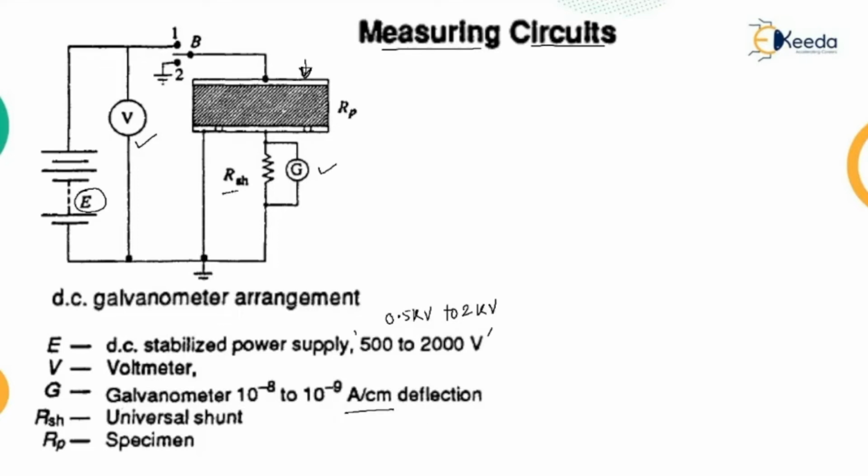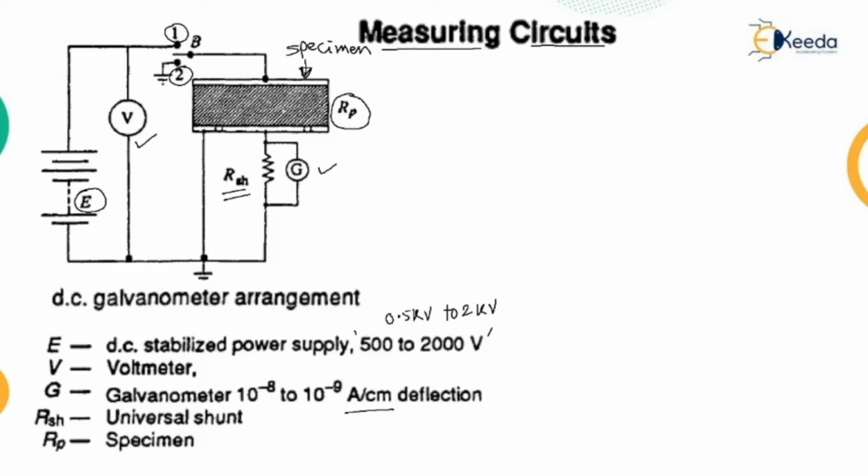Then RSH is the shunt resistance, and the specimen is the material whose resistivity is to be tested. Here we have a switch connecting point 1 and point 2. Point 2 is the grounded terminal, so we can toggle between point 1 and point 2.